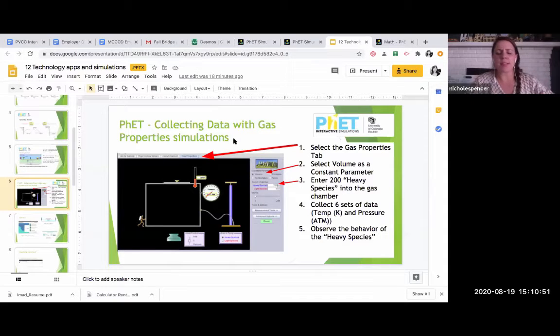So this might be something where I set them up in small groups in Zoom or in Google Meet, and I ask them as a group to collect some data, and then they would graph that data, and we'd come back together as a whole class and then see what it looks like as a whole group. You know, one experiment isn't enough, so we want to have a scientific community report in and see what they have. And so I can still do that remotely with a simulation.